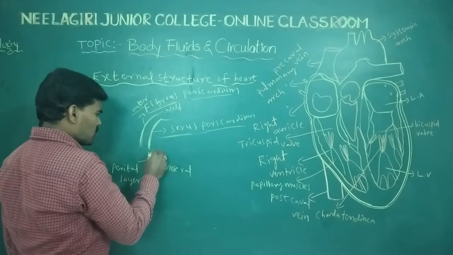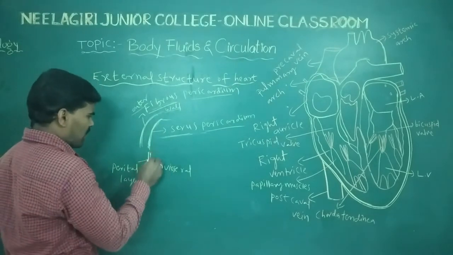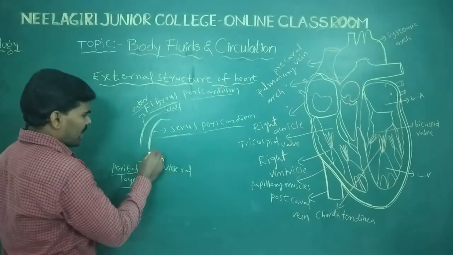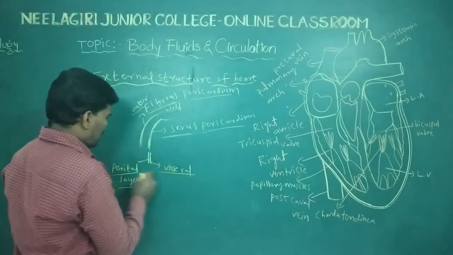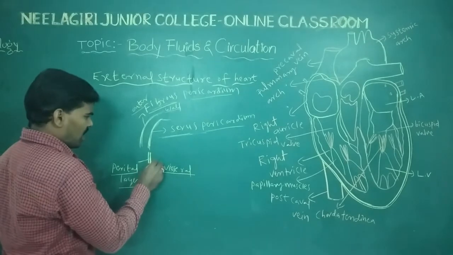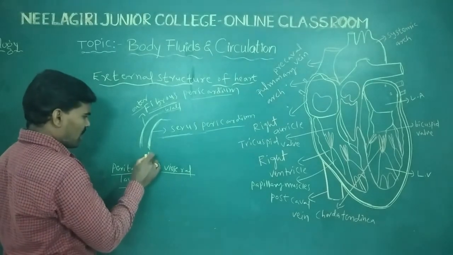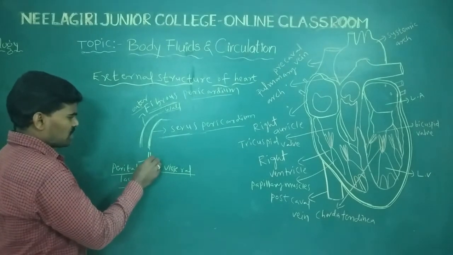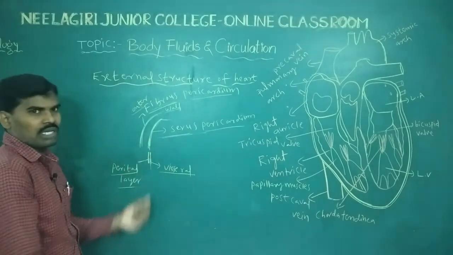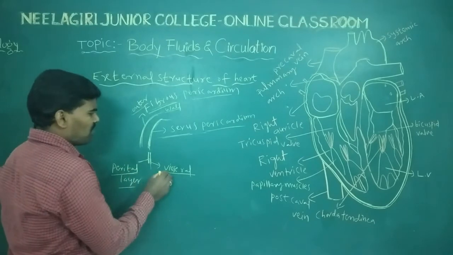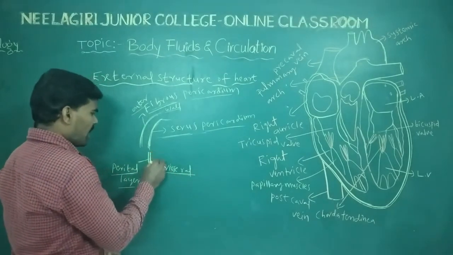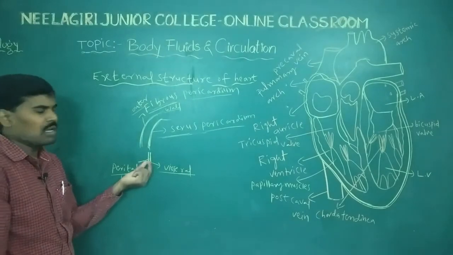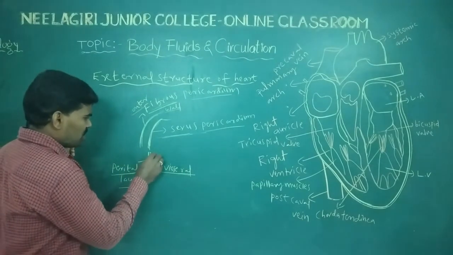The serous pericardium is made of two layers. The outer layer is called the parietal layer, and the inner layer is called the visceral layer. In between the parietal layer and the visceral layer there is a small empty space.